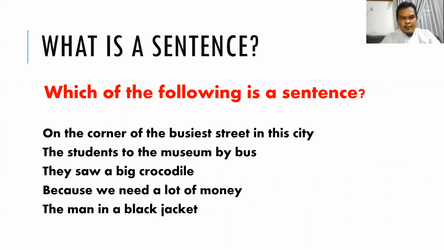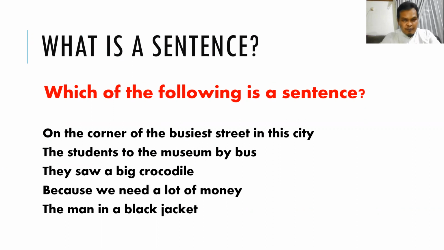Now, let's see, what is a sentence? Before you define what a sentence is, please take a look at these 5 groups of phrases and decide which of them is a sentence. Okay, good. So, only one group of phrases belongs to a sentence.